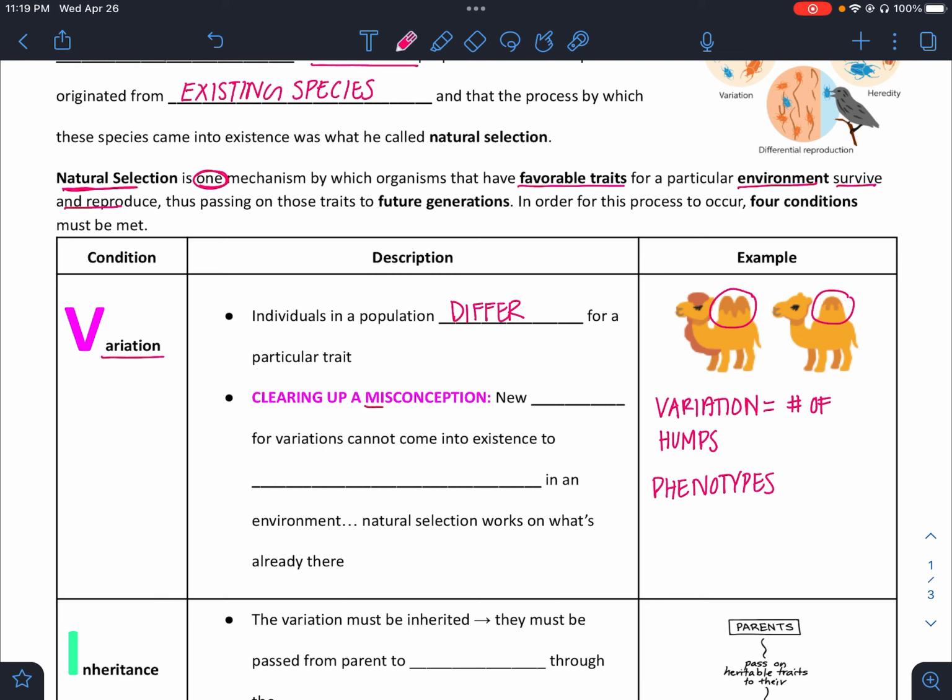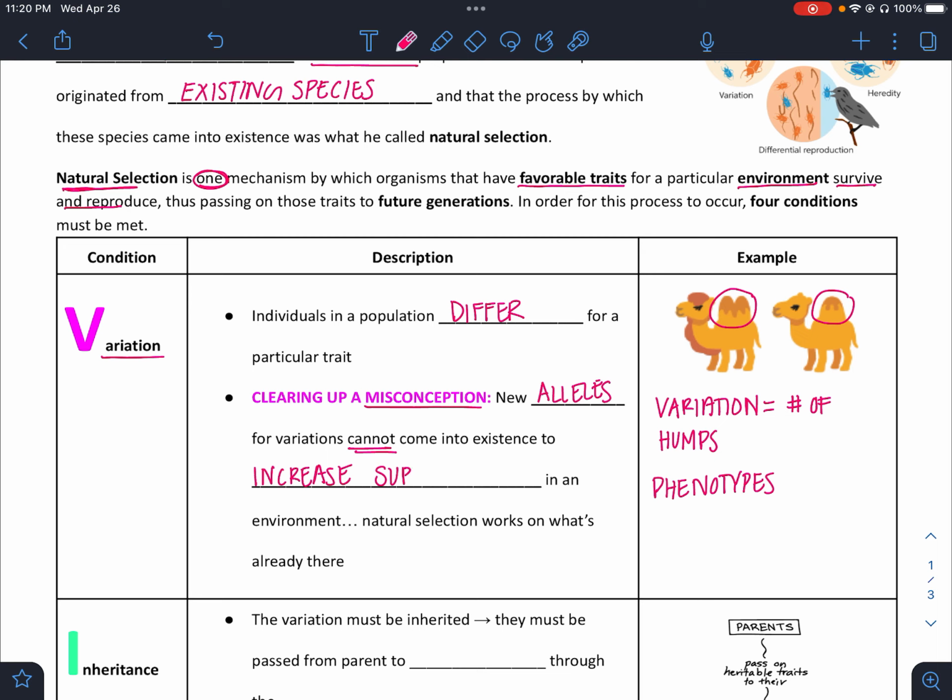One of the things that makes evolution and natural selection hard is that a lot of people have misconceptions, so we want to make sure we clear those up as we go through this. It's important for you to know that new alleles for variations cannot come into existence to increase or enhance the survival of a species or a population.